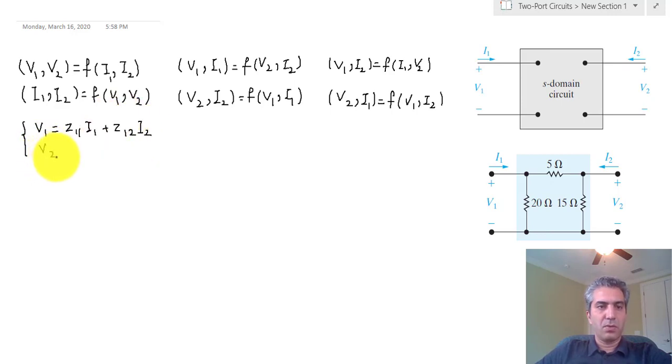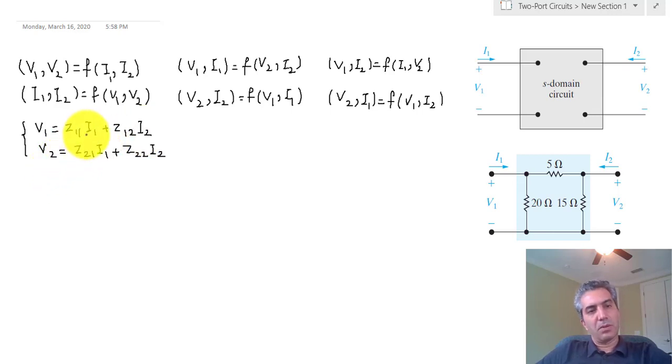And then V2 would be Z21 I1 plus Z22 I2. So this is the most general way of writing V1 as a linear function of I1 and I2: a constant factor multiplied by I1 plus another constant factor multiplied by I2, and the same for V2.